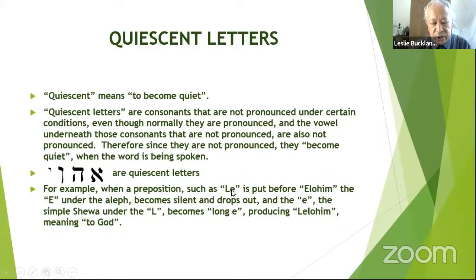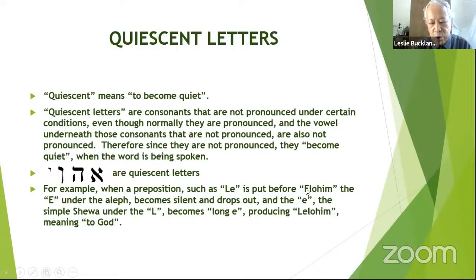And the simple Shawa under the Lameth is lengthened to a Sire, the long vowel E, producing Lelohim. So this Sire is not the same as this Katef Segol that was there originally.